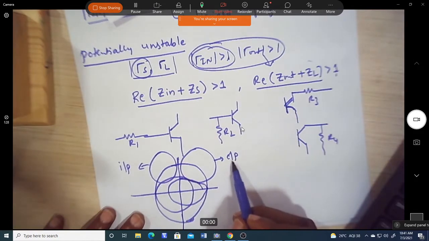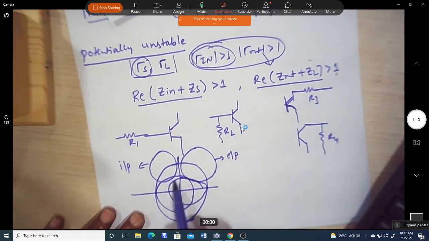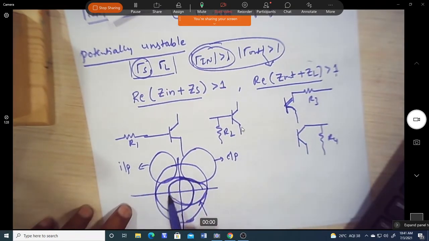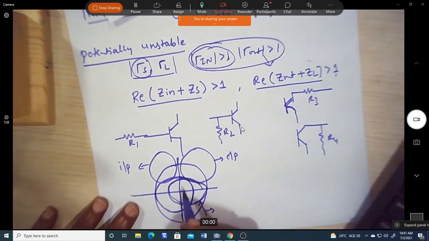If I take the output stability circle, you can see this conductance circle touching this boundary, and this is the resistance circle which also touches the output stability circle. Since it is a resistance circle, we take the value of the resistance and add it as a series resistor.